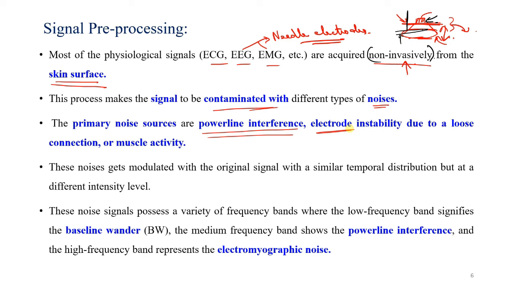Now, when we place the electrodes for a longer period of time, or we are reusing the electrodes, there will be some chemical reactions going on on the electrode, and that would lead to electrode instability. And this is the reason that if you go for ECG acquisition in any of the hospitals, they will use disposable electrodes.